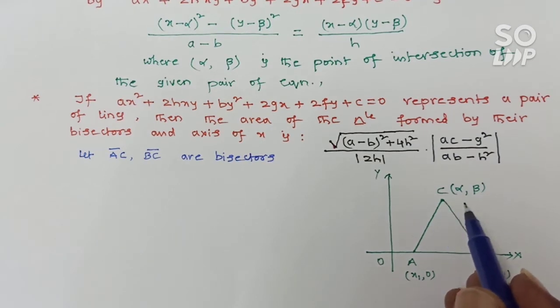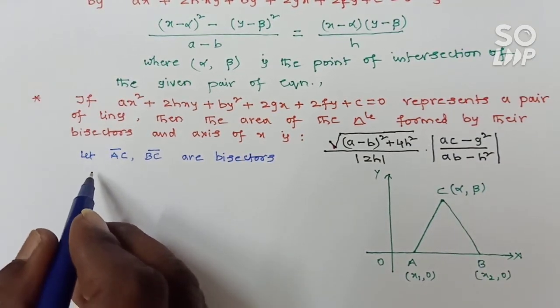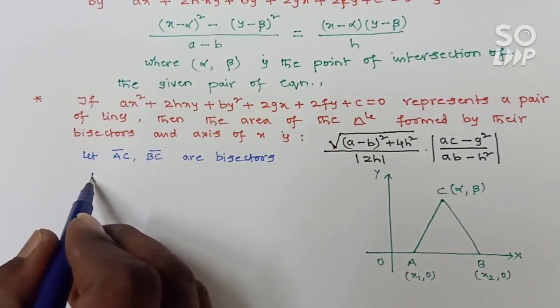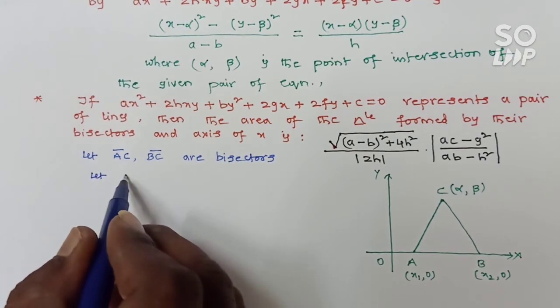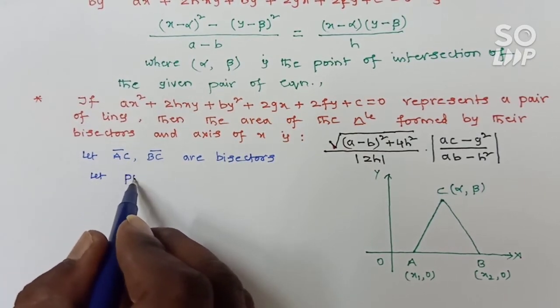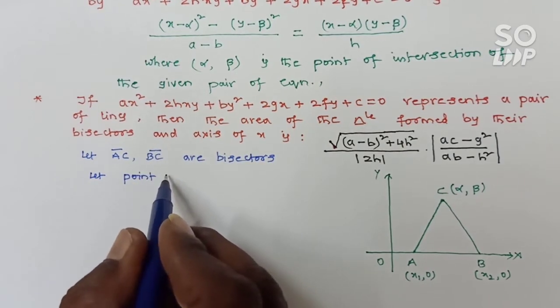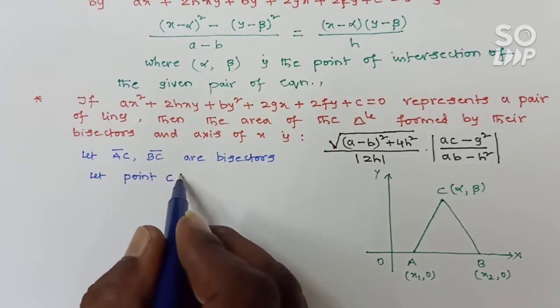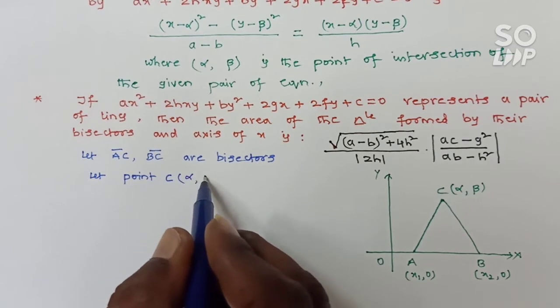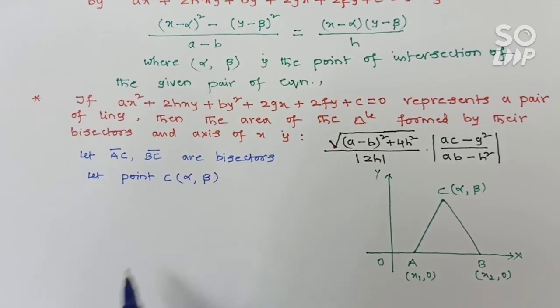What is meant by C? C is the point of intersection. Let the point of intersection C be alpha comma beta.